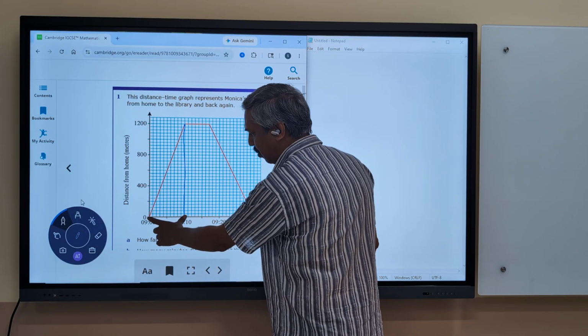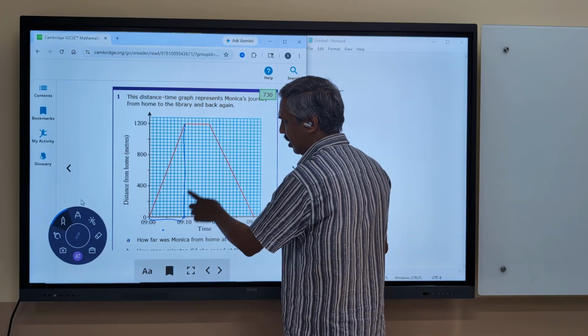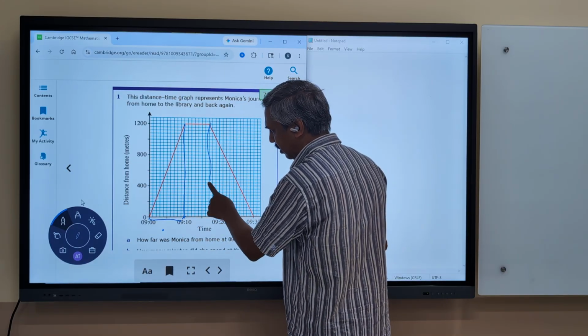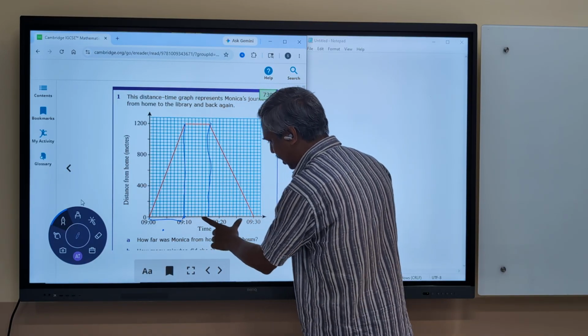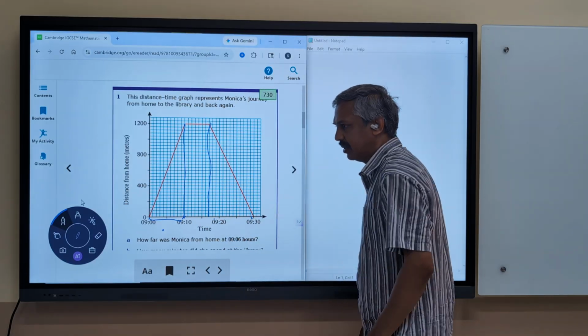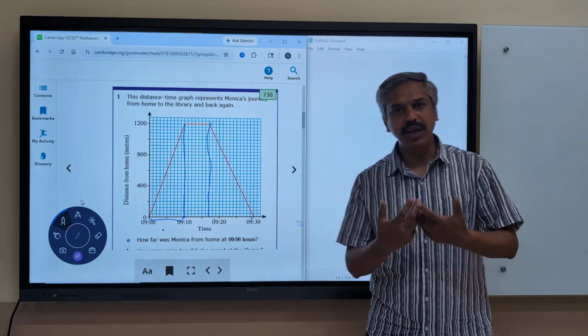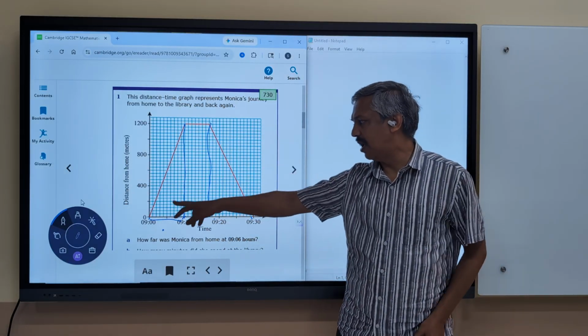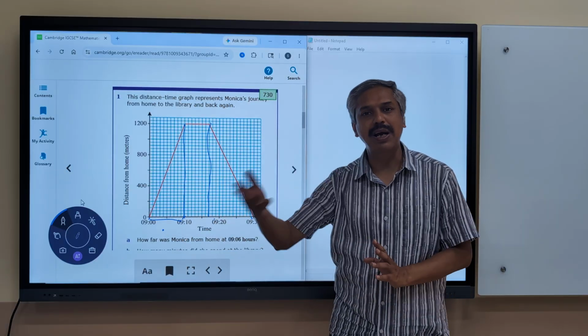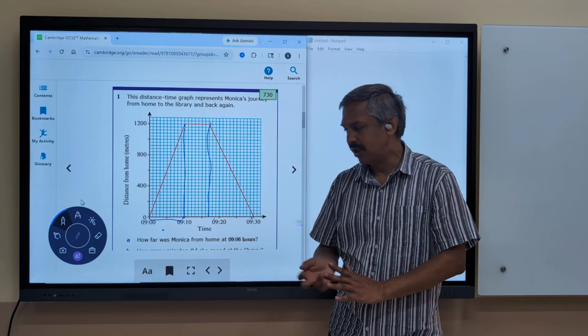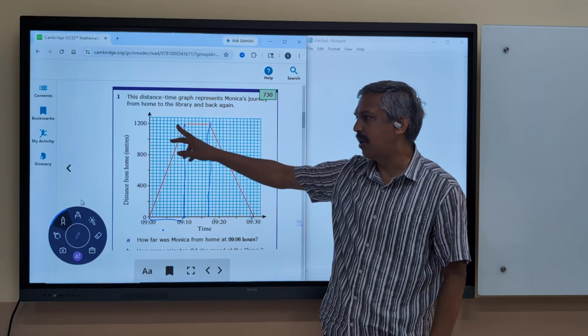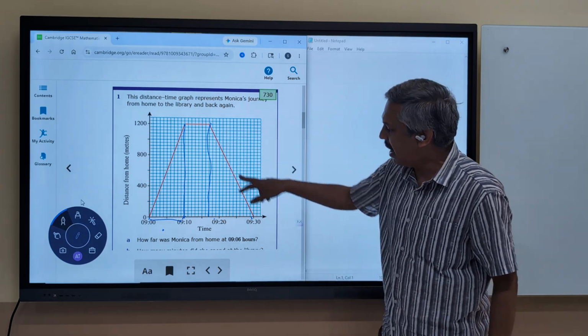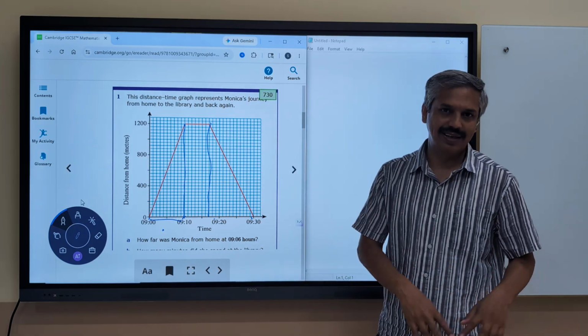So here she took only 10 minutes, while here she has taken a lot more time. So without calculation I can tell that the distance is same, so minimum time means maximum velocity, maximum speed. So the speed in the first case, going to the library, was faster. Coming back from the library was lesser.